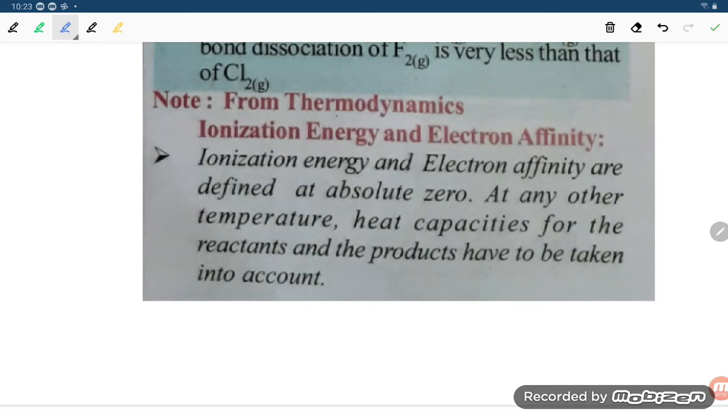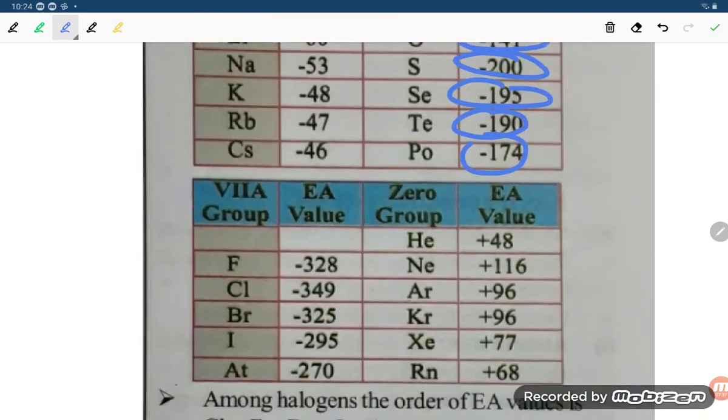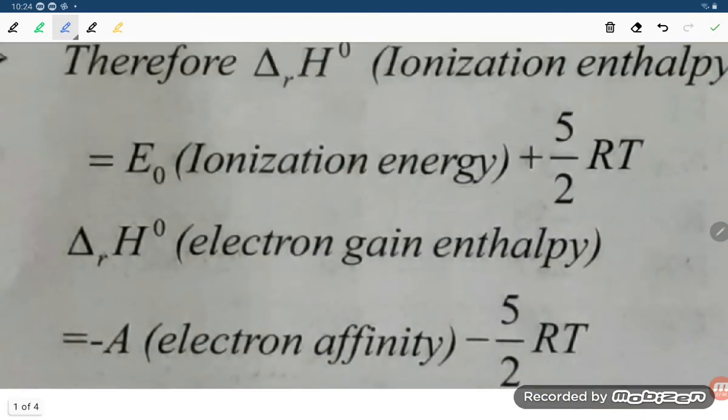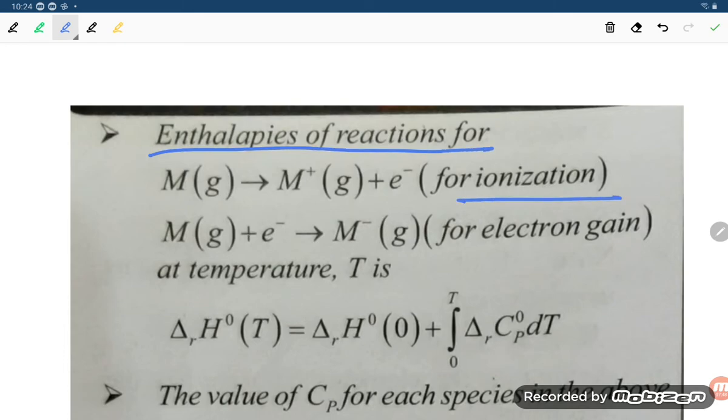From thermodynamics, ionization energy and electron affinity are defined at absolute zero. At any other temperature, the heat capacity for the reactant and the product have to be taken into account. For the enthalpy of reaction, M gas is converting into the ion; for ionization an electron is released, for electron gain enthalpy an electron is added.